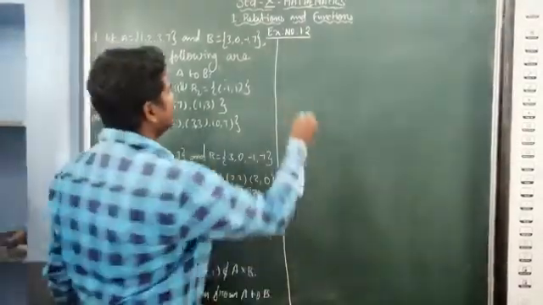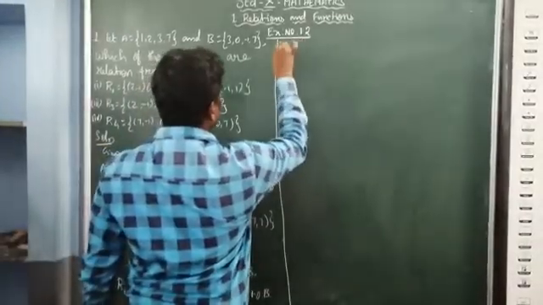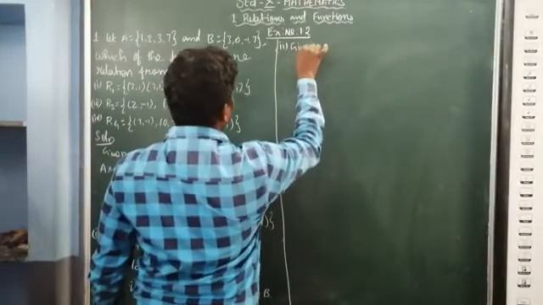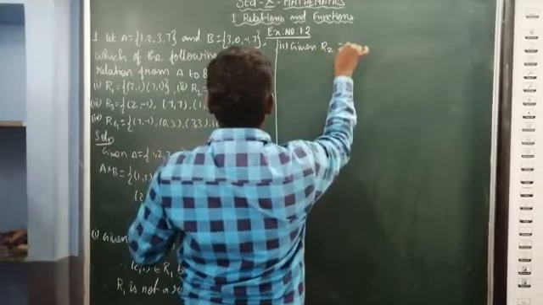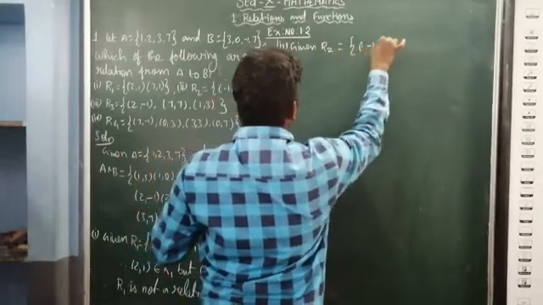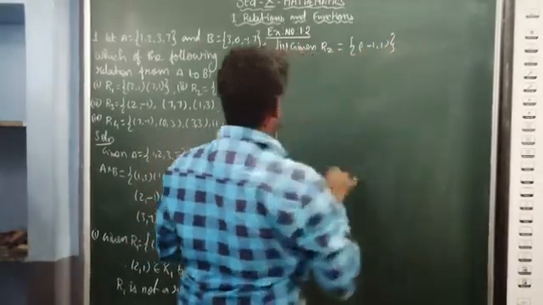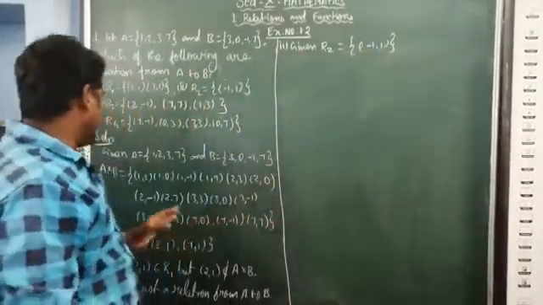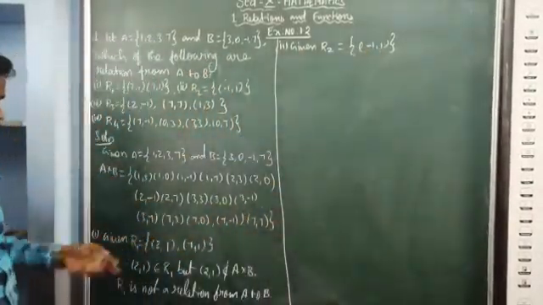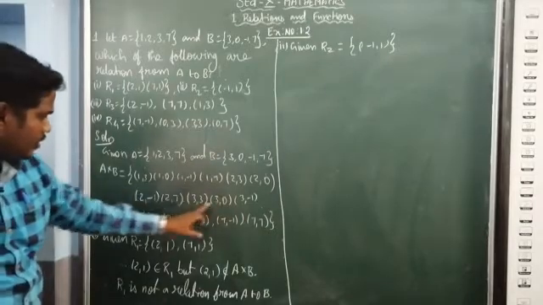The next, second subdivision. Given R2 is equal to (-1,1). You have to compare whether the ordered pair (-1,1) is in A cross B itself. Is anybody having (-1,1)?